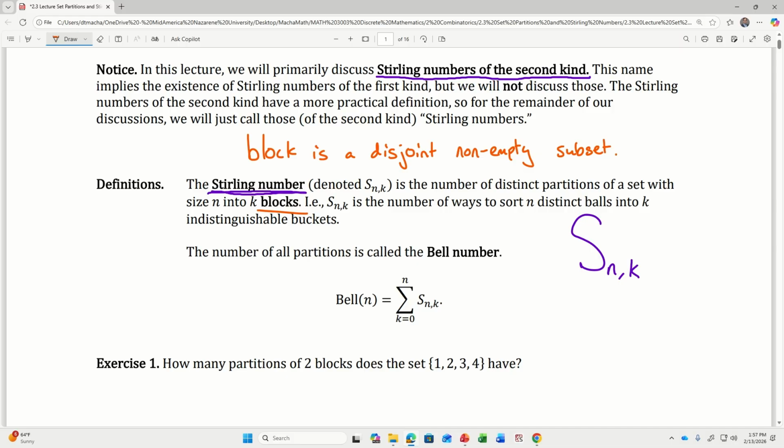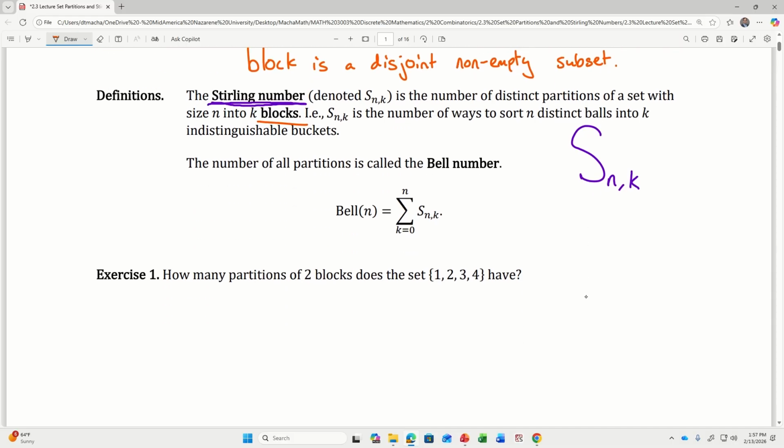So if I partition your set into blocks, then every block has at least one element, and they don't share elements. They're disjoint from one another. In other words, S(n,k) is the number of ways to sort n distinct balls into k indistinguishable buckets. So you can tell the balls apart, but you can't tell the buckets apart.